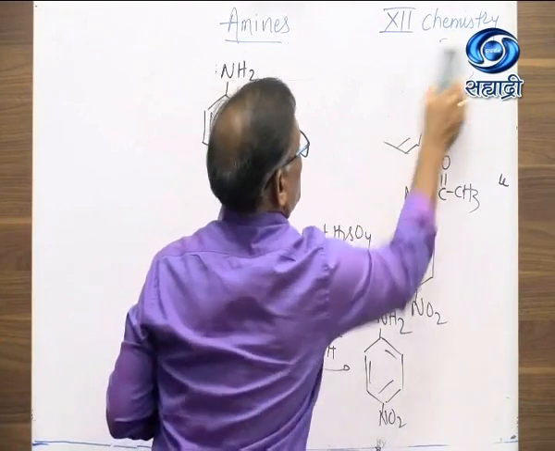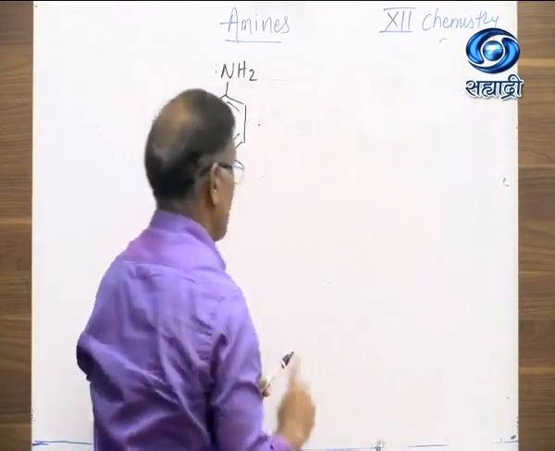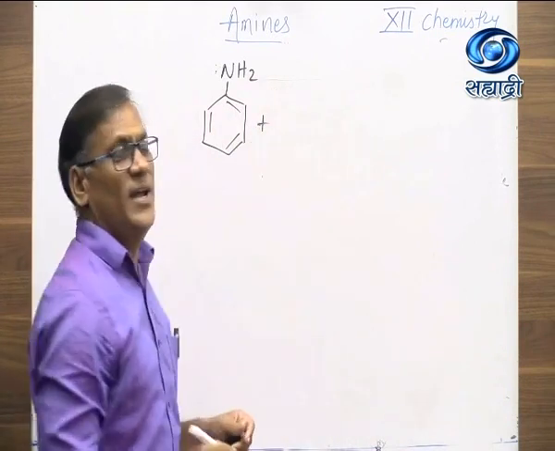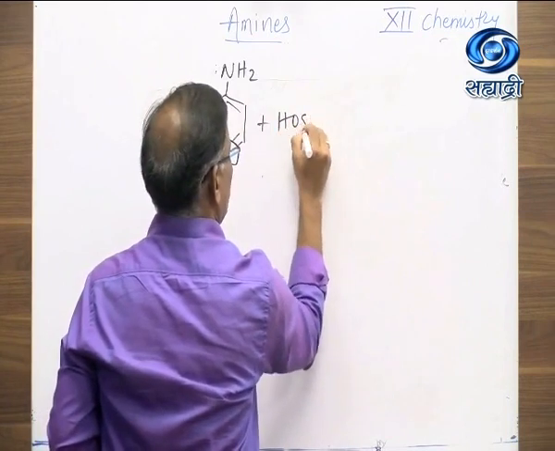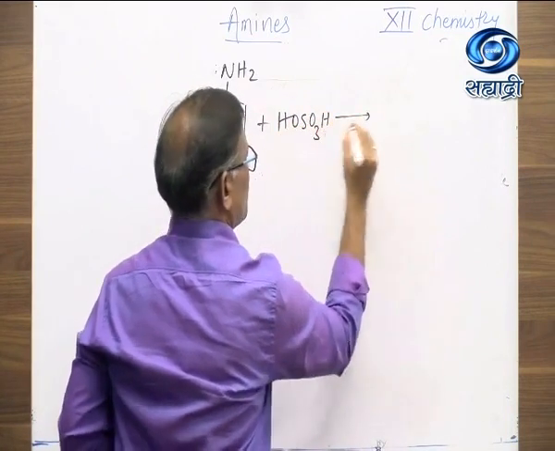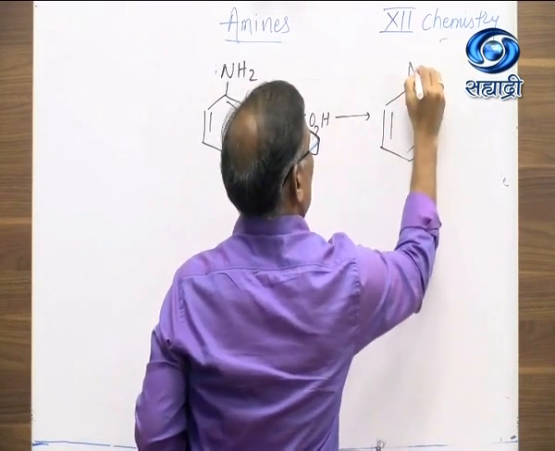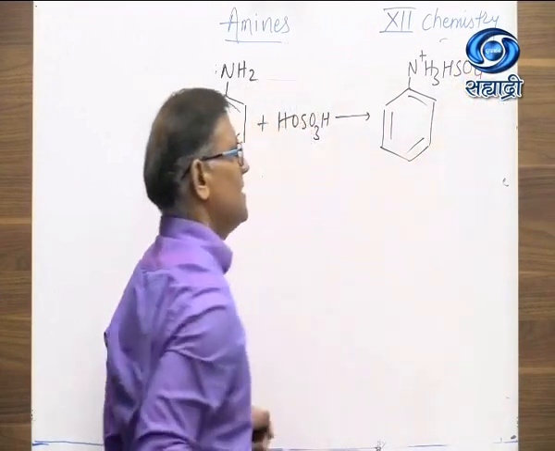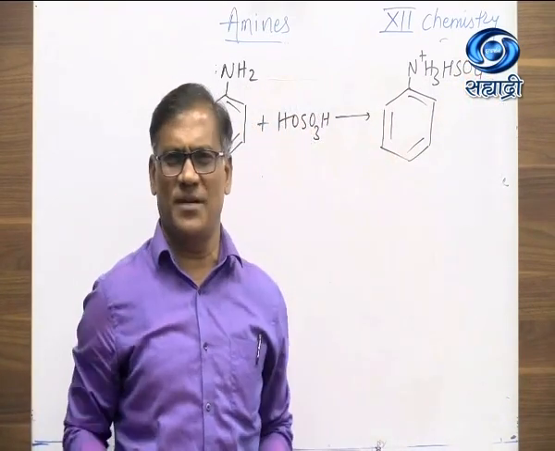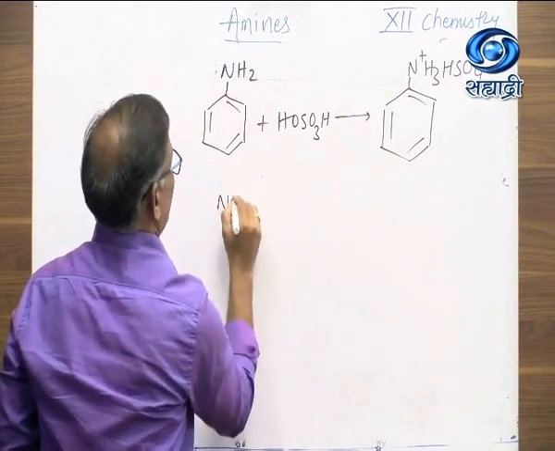Now sulfonation is the last reaction of amines. With this we will finish this chapter. Now students, when aniline is treated with cold concentrated sulfuric acid, which can also be written as HOSO3H, it forms anilinium hydrogen sulfate, NH3HSO4.